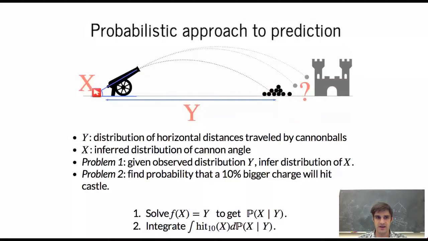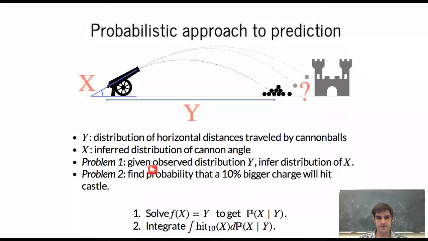We still have our x, but this time it's a big X, and it represents a distribution of the cannon angle. This collection of observations we think of as a distribution of these horizontal distances traveled by the cannonballs. And x again is the distribution of the cannon angle.